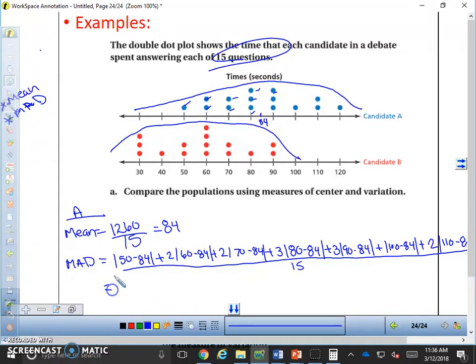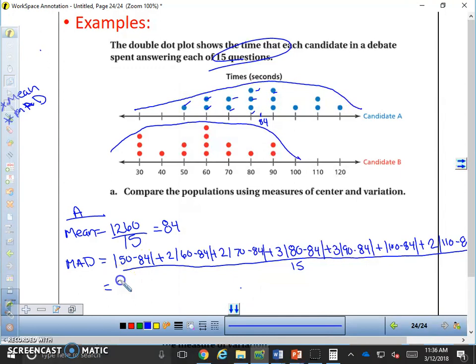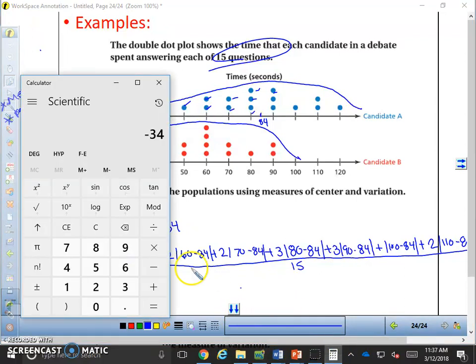Okay, so the distance between 50 and 84, 50 minus 84 is 34. The absolute value of 34 is 34, plus 2 times 60 minus 84, which is negative 24.